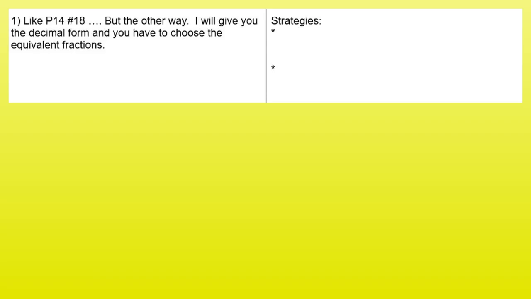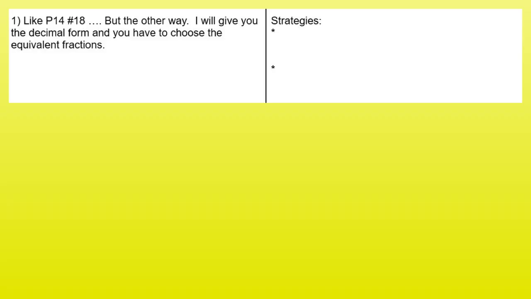All right, so this problem says which decimal is equivalent to 188 divided by 11. So we're going to do this the other way on the quiz. I will give you the decimal, and you're going to have to choose the equivalent fraction.